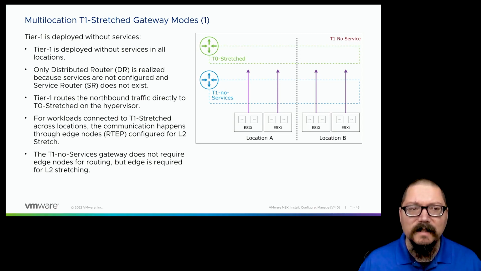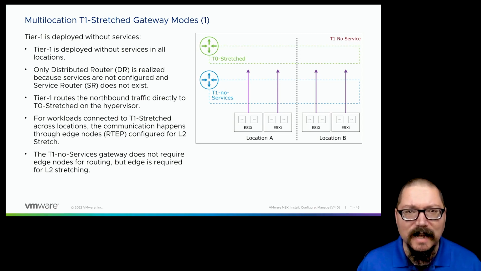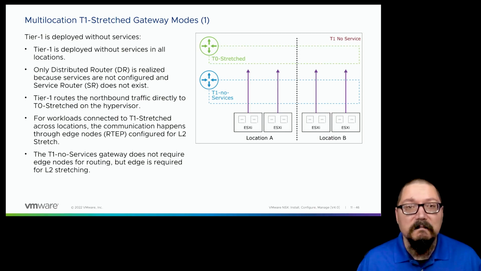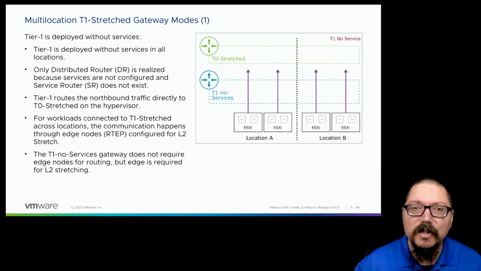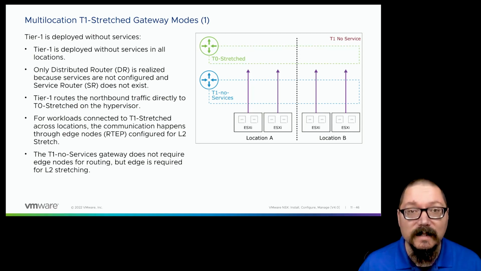My routing is completely distributed, which means my location settings, primary or secondary, don't make any difference to the tier 1 gateway. So the tier 1 gateway is simply going to forward traffic north to the tier 0 gateway, and the tier 0 gateway is then going to be responsible for doing whatever it needs to do, like we just saw.